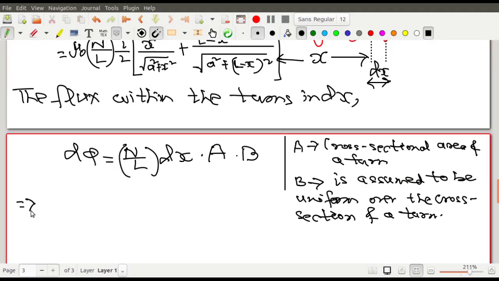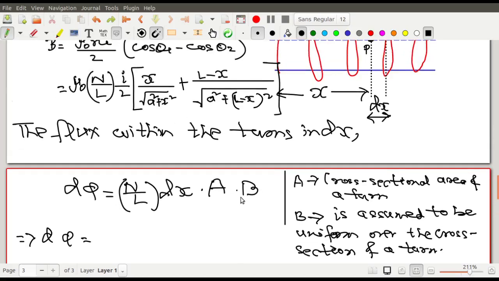Okay, next. Put the value of B over here. এখানে B এর যে ভ্যালু আছে সেটা বসিয়ে দাও, তারপরে পুরোটা ইন্টিগ্রেট করতে হবে। So I should arrange it in proper way.